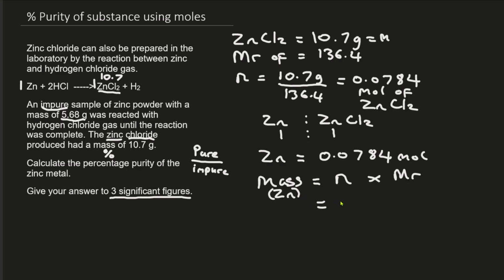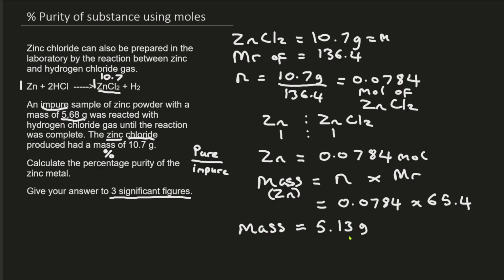So let's write that down. So 0.0784 multiplied by 65.4. And so the answer, therefore, is going to give us on the calculator a mass of 5.13 grams.